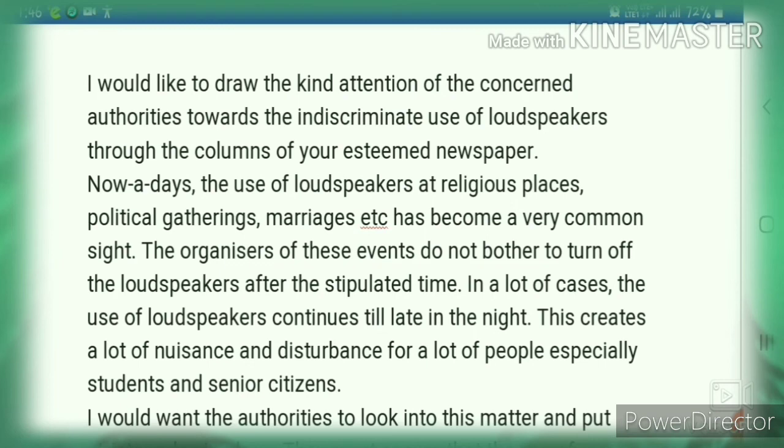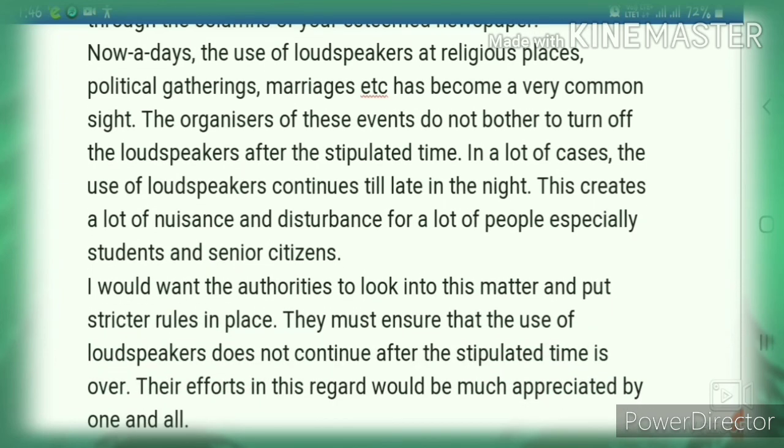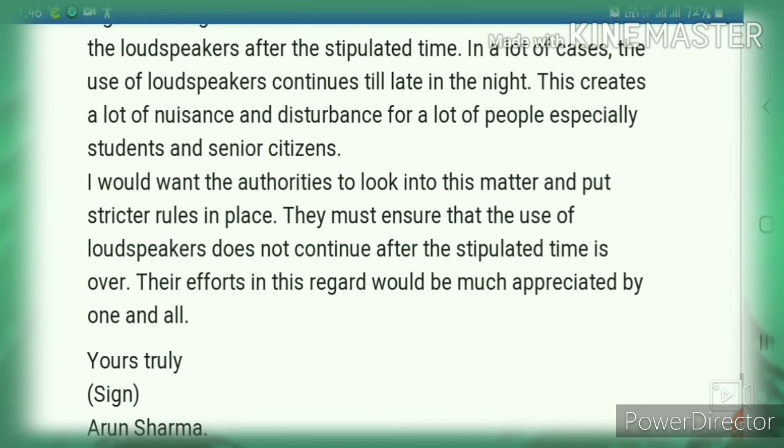In a lot of cases, the use of loudspeakers continues till late in the night. This creates a lot of nuisance and disturbance for a lot of people, especially students and senior citizens. I would want the authorities to look into the matter and put strict rules in place.